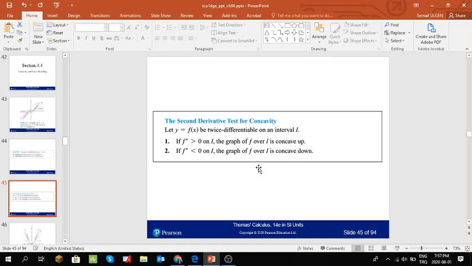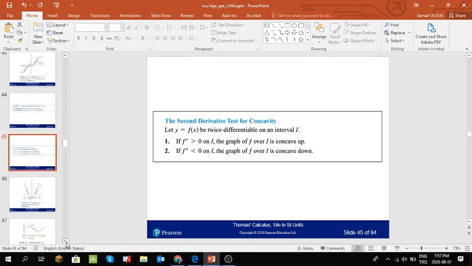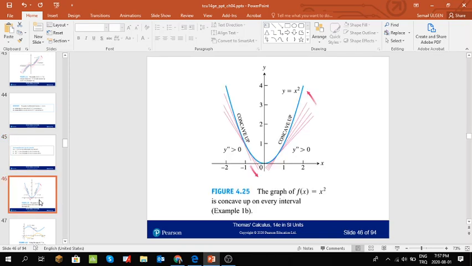This is a very simple way to check whether the graph is concave up or down. That's why it's called the second derivative test for concavity. You use the second derivative to see where the graph of the function is concave up or down.